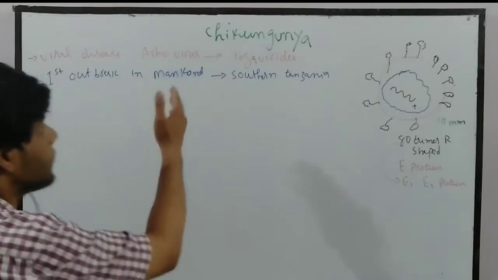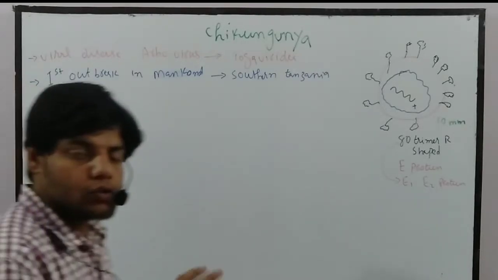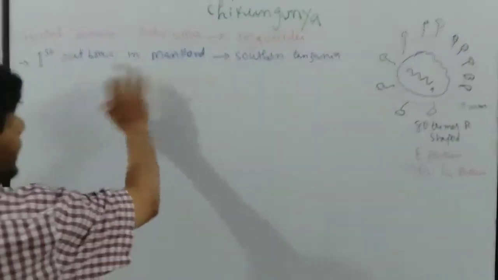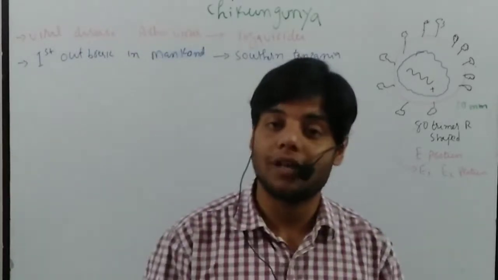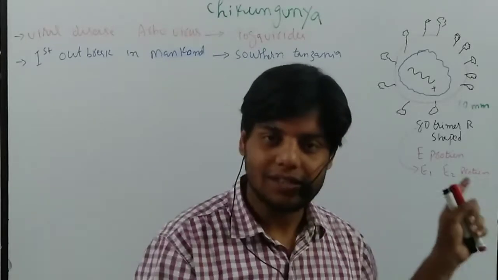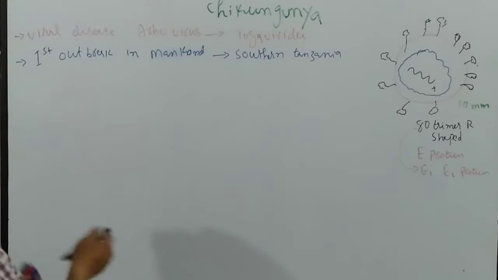Now, the name Chikungunya was derived from the language of the place where the first outbreak was observed. What does Chikungunya mean? As it is derived from that language, it means curved position of the patient.